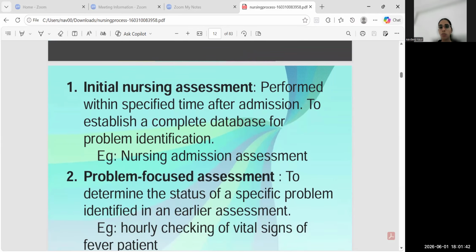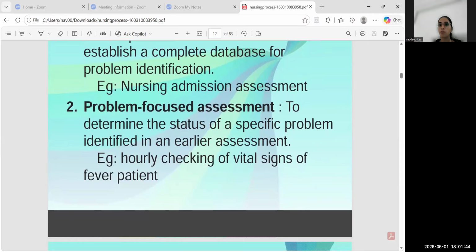Second is the problem-focused assessment. In problem-focused assessment, we have to determine the status of a specific problem identified in an earlier assessment, meaning we focus on the particular problem of the patient. For example, if the patient comes to the hospital with a complaint of fever, we make a care plan according to the patient's condition, and the main problem for that patient is the fever.